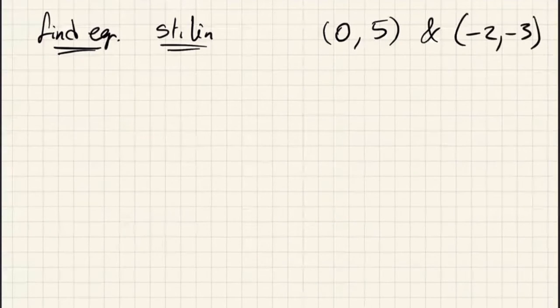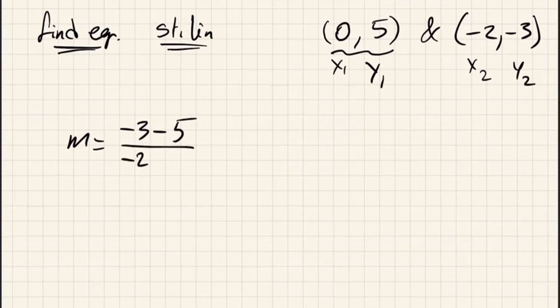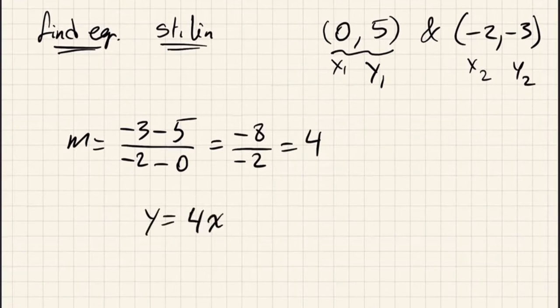I will choose this one as x1, y1, and the other as x2, y2. Then m equals y2, which is -3, minus y1, which is 5, over x2, which is -2, minus x1, which is 0. So -3 minus 5 is -8 over -2, which means 4. So m equals 4. Now I can write y equals 4x plus c.